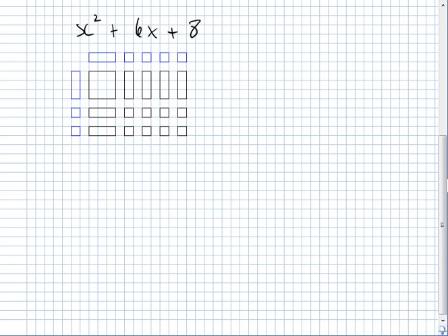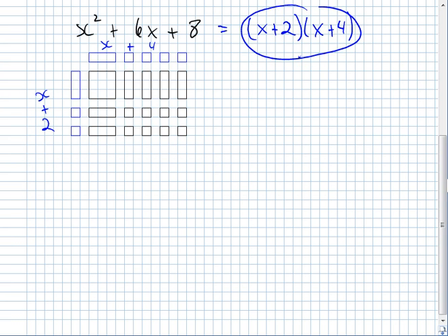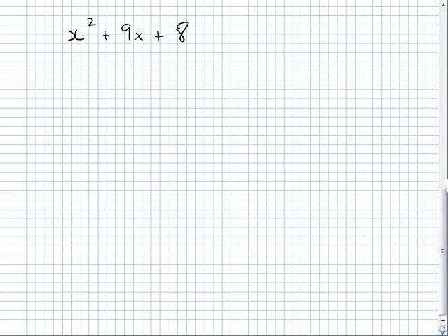If I label the dimensions, this is x and 2, so that's x plus 2. And this is x and 4, that's x plus 4. So to factor this trinomial, you could factor it as x plus 2 times x plus 4. And sure enough, if you were to multiply that out again, you would get the trinomial back.